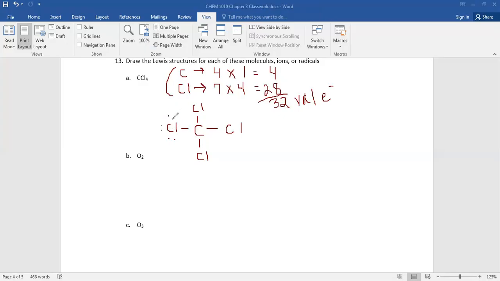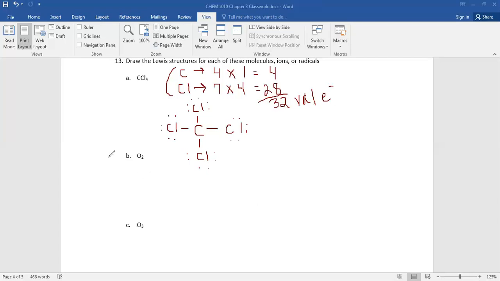Now I've got 2, 4, 6, 8 electrons around this chlorine, and I'll do the same for the other 3 chlorines. I put the 6 dots in pairs of 2 around each of the other peripheral chlorines, and they'll have the octet rule satisfied as well, having 8 total electrons surrounding. And there is your Lewis structure for CCl4.